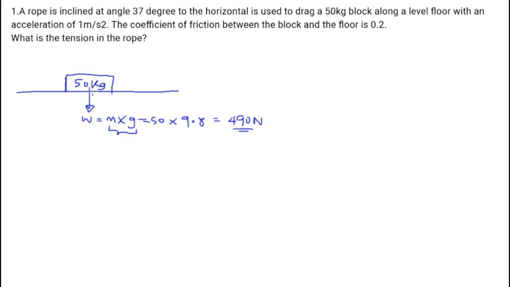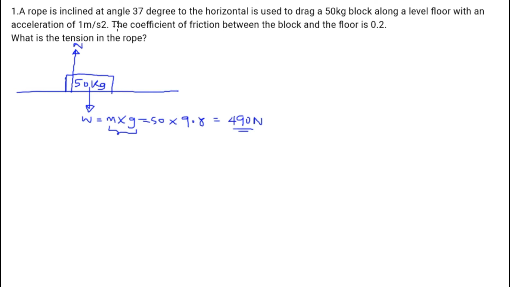So the ground will also exert a force on the object, called the normal reaction N, equal but opposite in direction. So the normal N will also be equal to 490 newtons, but not in all cases. Let's see if the normal will really be equal to 490 newtons in this case. So I'll erase this now.